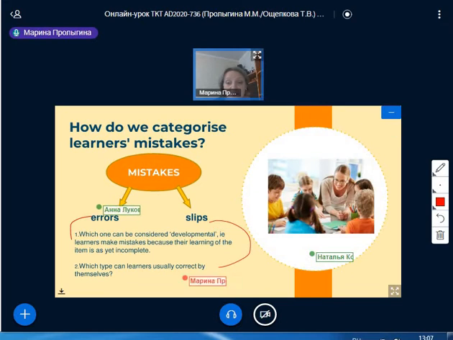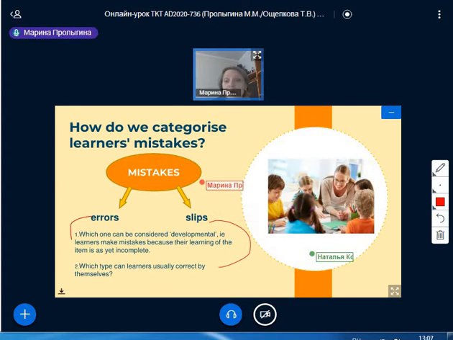Okay, exactly. So, of course, when we speak about errors, usually we say that some skill is not developed well enough to do without any mistakes, without any inaccuracies. And actually, we can characterize the mistake as a slip.